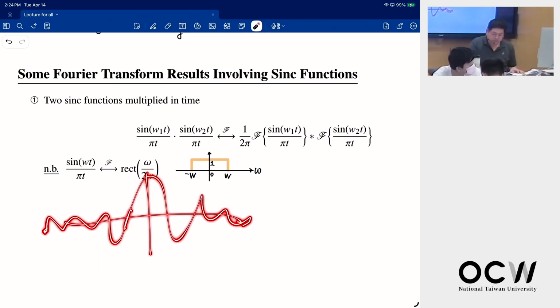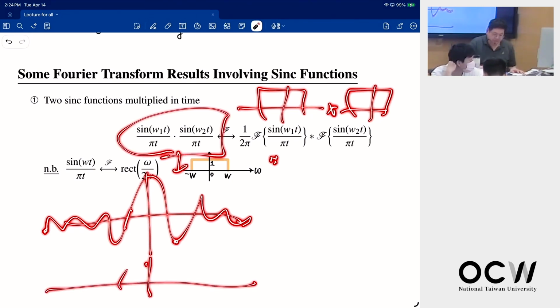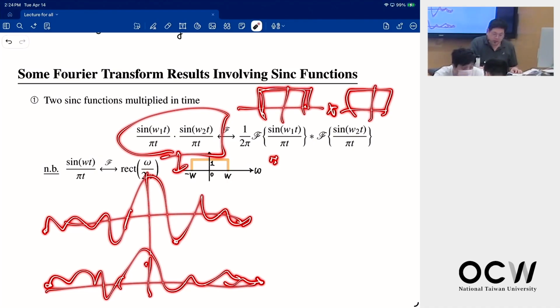then in frequency domain, we do the convolution. Even though it is a multiplication, you see that for the two sinc functions, if they are multiplied together, that's kind of complicated. But if you do the convolution of the pulse function, that will be much easier, right?